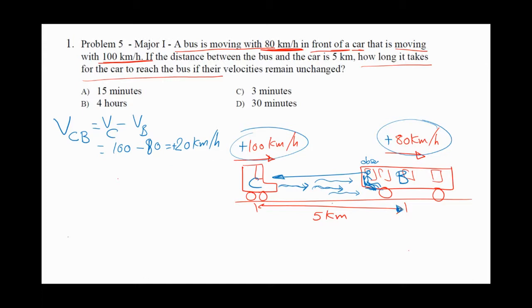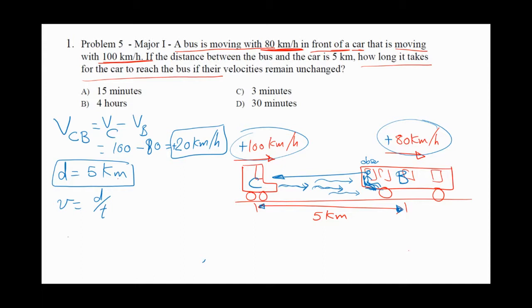The distance in between was 5 kilometers. I need to find the time. I know the approaching speed and I know the distance. So I can say the speed equals distance over time.